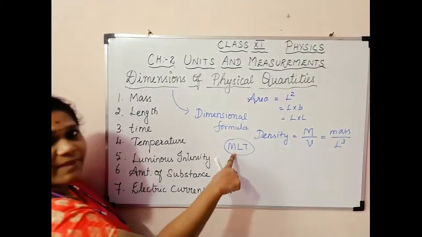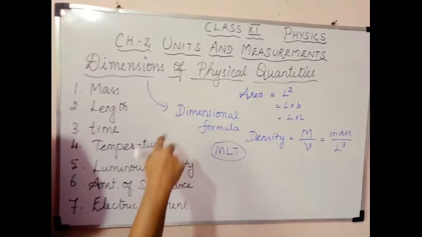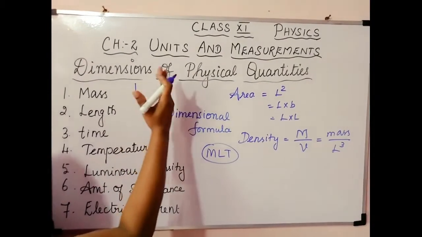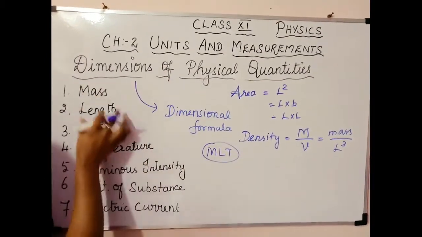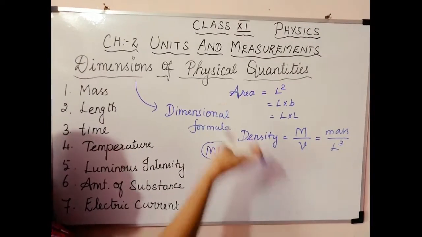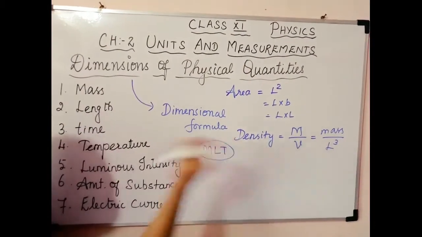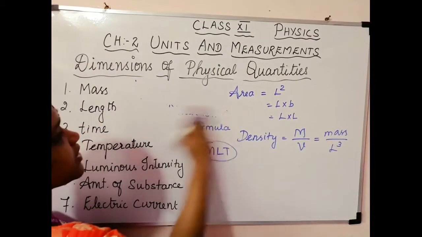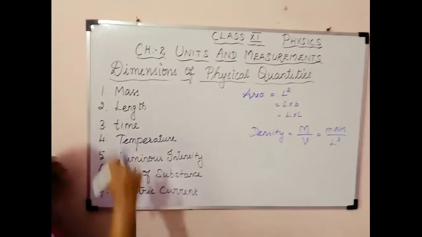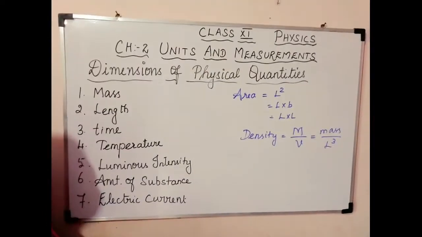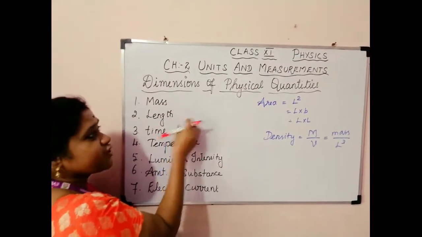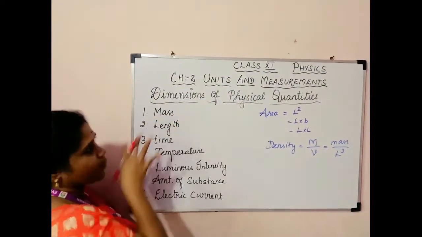Once you know the dimensional formula for basic or fundamental quantities, you can find out the dimensional formula for other quantities. So let's see what the dimensional formulas for the basic fundamental quantities are.